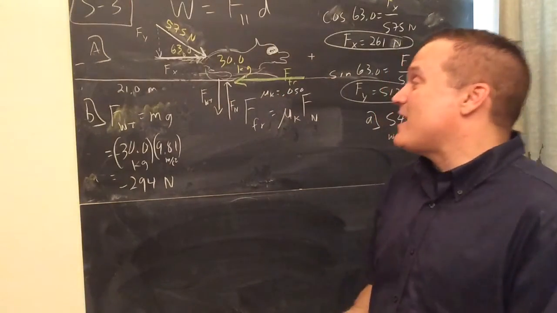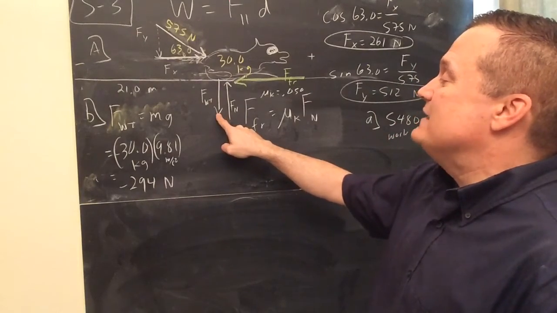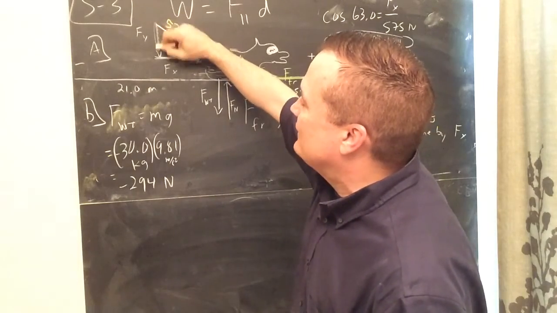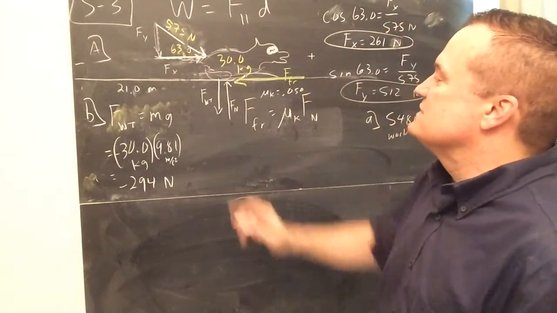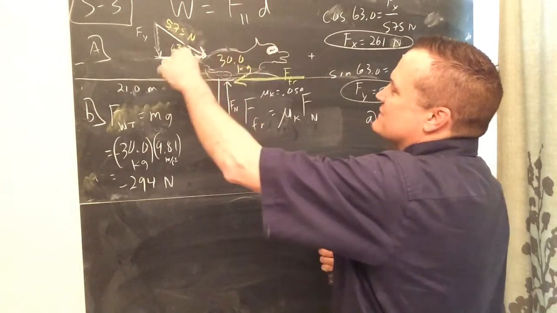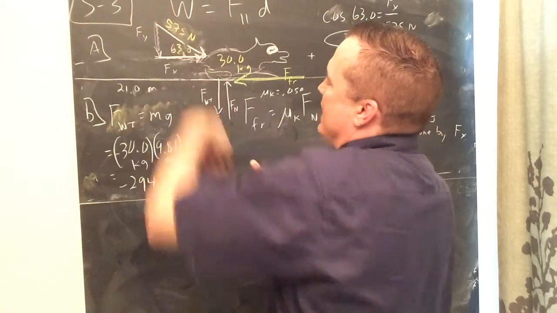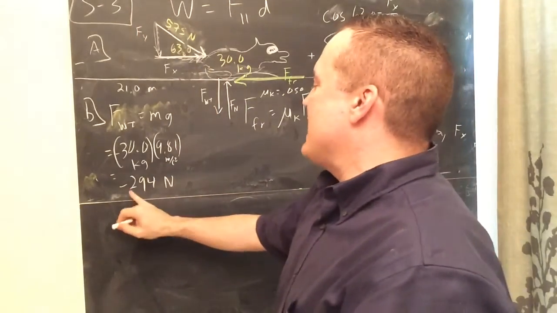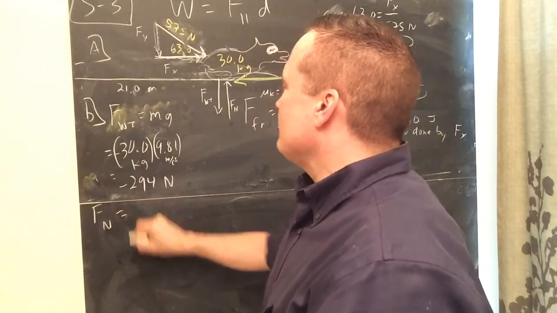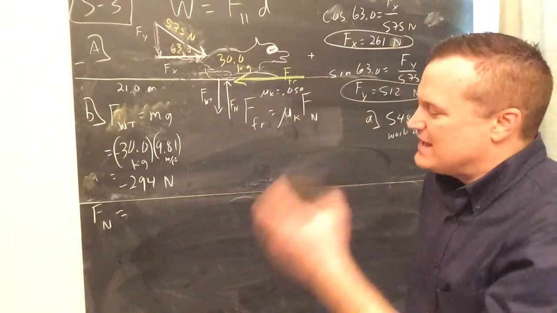In this particular problem, the normal force is actually not equal to the weight because you also have Fy pushing down. Since he's not going through the ground, he's being supported. So the normal force must equal both his weight and the Fy. I can make a net force equation if you wanted to, but I'll just do it this way.